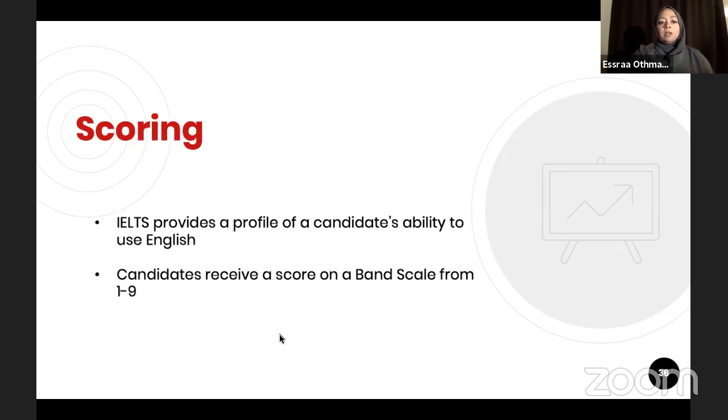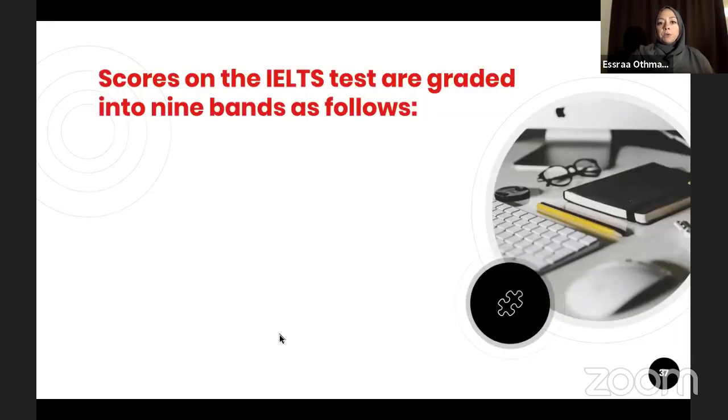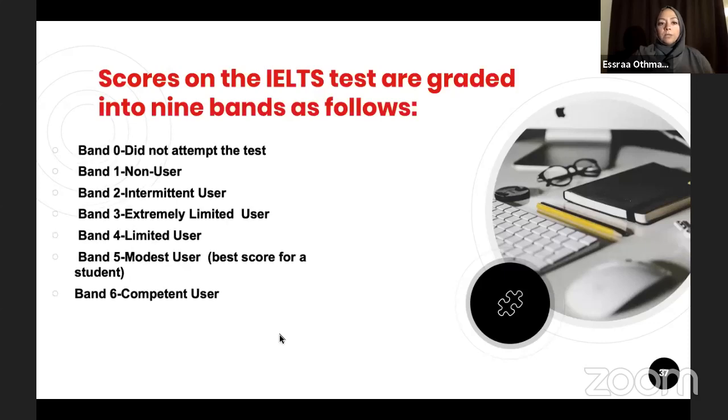Okay, so let's go through them quickly. Now, a band 0 means that you did not attempt the test. It means you're not there. Band 1 is a non-user, which means you have written your name and nothing else, or maybe one sentence and nothing else on the paper.